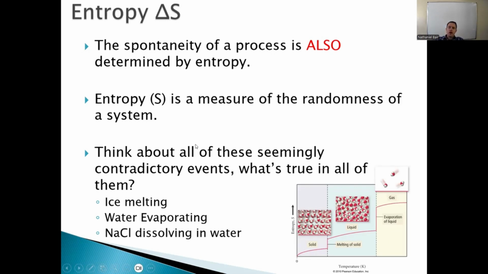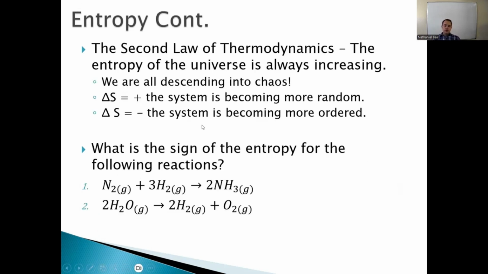You have to think about both the enthalpy, what is the energy of the reactants and the energy of the products, and the entropy, how disordered are the reactants and how disordered are the products. It's those two things that factor together to determine spontaneity. So let's practice this. The second law of thermodynamics, you may have heard of it, is the one that deals with entropy.